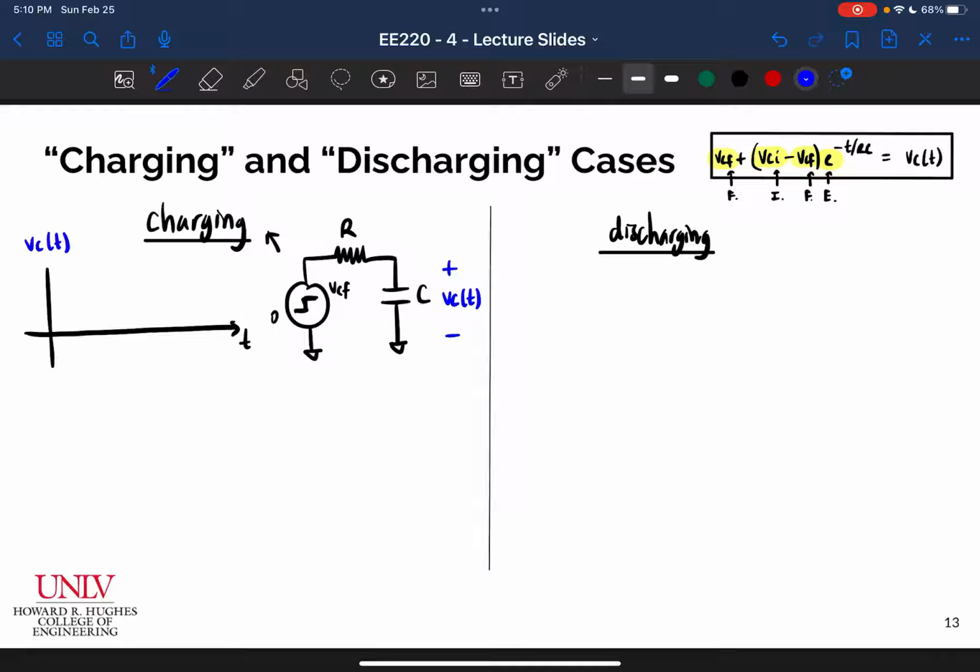And so for a charging circuit, what I'm saying is my capacitor is initially discharged. It's basically got 0 voltage across it to start. And so we could write that as an initial condition, that VC of time t equals 0 is 0 volts. So everything leading up to time 0 is going to be 0 volts. Let me actually draw that in blue. So I have 0 volts.